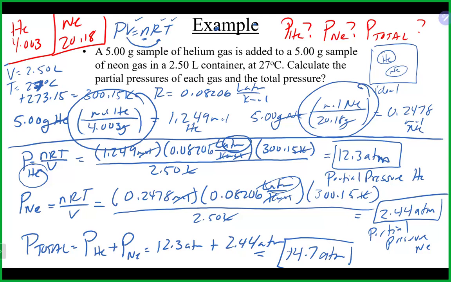It'll have a faster velocity as it's moving around. And because it's lighter and moving around faster, it will cause more collisions and contribute more pressure than the slower moving, heavier neon gas, which will still be flying around, but not as fast and not causing as many collisions. Any questions on that there?